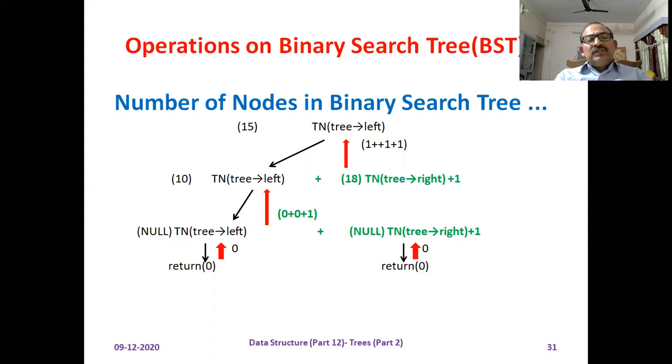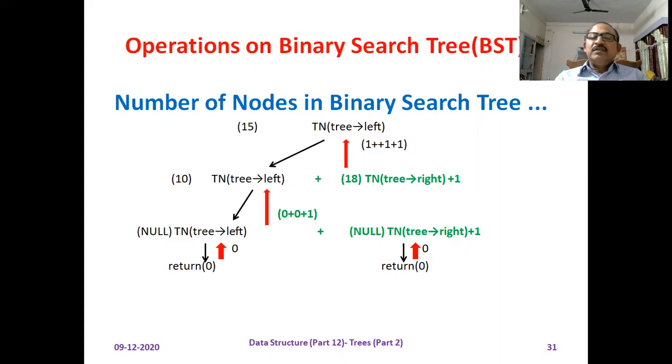Therefore, we call the function Tn tree left, and you can see at this time the function returns the value 0. 0 is returned to Tn tree left. Okay, now the next suspended activity, here you can see Tn tree right. Now the system calls this function.